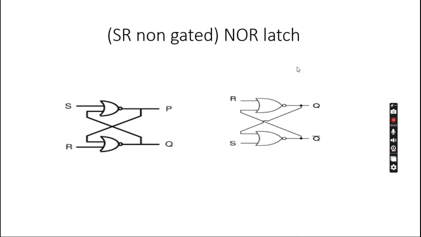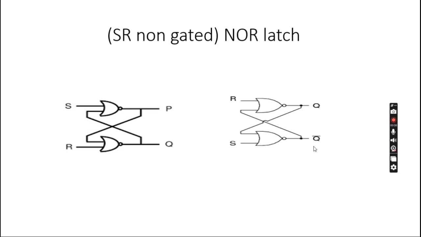In this lecture, we'll discuss the SR non-gated NOR latch. Okay, so in this, we need two input NOR gates. One thing we have to observe compared to the NAND latch. Generally, in the NAND latch, straight to the yes we write Q, but here straight to the yes we have to write Q bar.